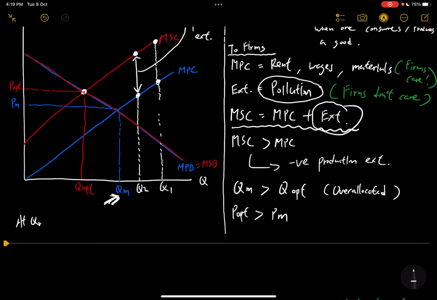At QM, you want to look at what happened to the society at that quantity, because that is actually what happened. Now how do we look at society?